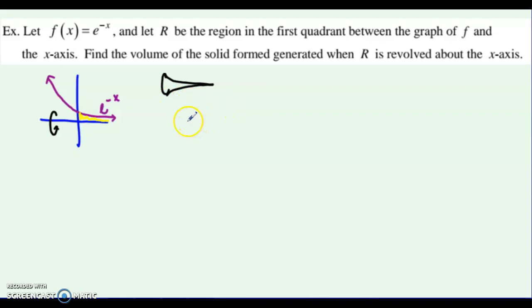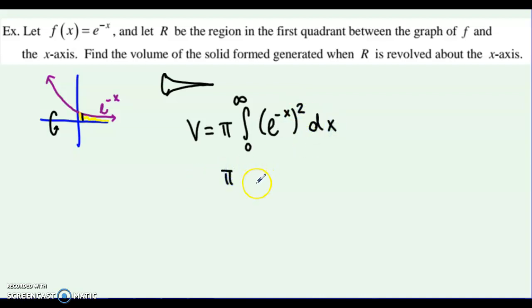But if we're going to take the volume of this figure, we're going to take our pi, because there's no inside radius, so it's a disk. We're going from 0 to infinity of our radius squared dx.